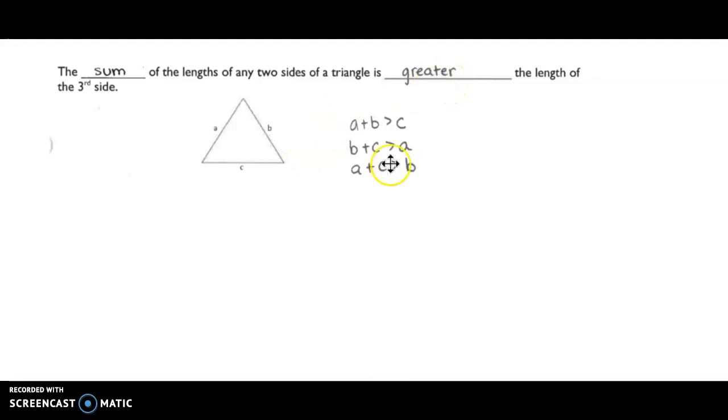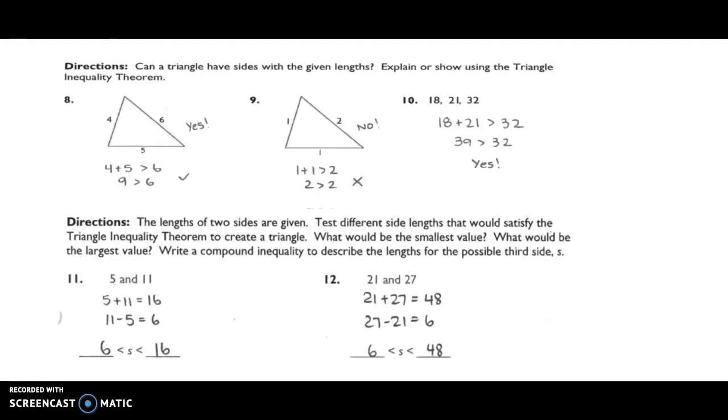And then B plus C has to be greater than A, and A plus C has to be greater than B. If one of these inequalities does not work, that actually means that a triangle is not possible given the measurements that you might have. And so you might not be able to complete a triangle.